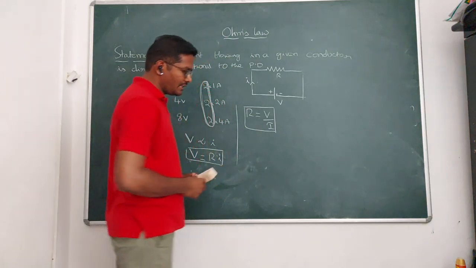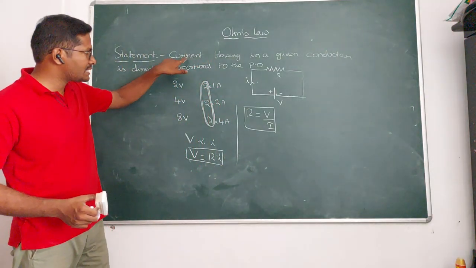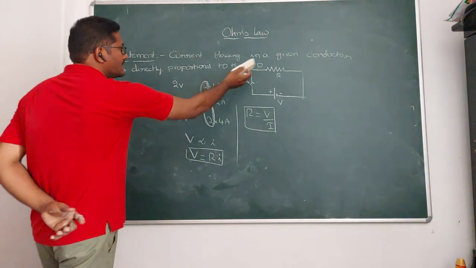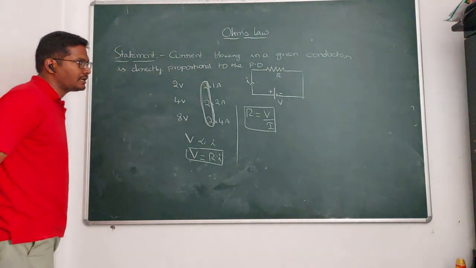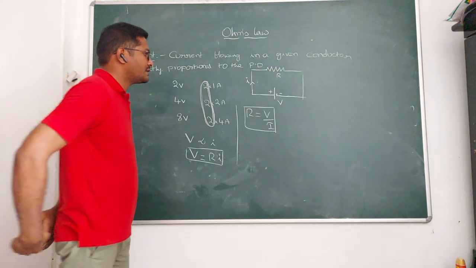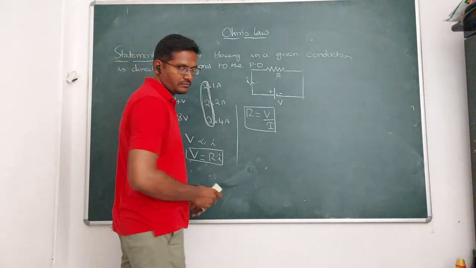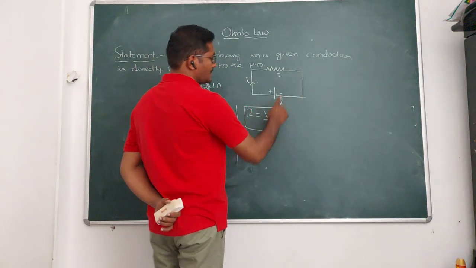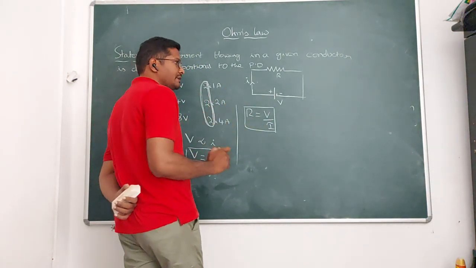Suppose we are doing this experiment for different potential differences. You need to show this statement with an experiment. So I need to increase the potential difference, and if I increase it, current also increases. To show that, first you do this experiment with one battery. If you change this circuit to two cells, the potential difference increases.